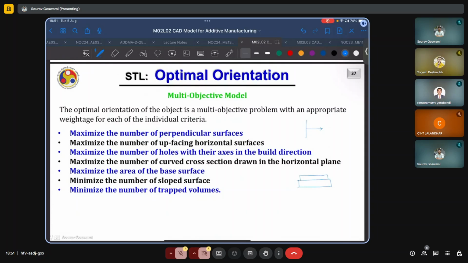So say suppose you have a very simple shape like a cube or a cuboid which also has a cylindrical cavity inside. If your build direction is along positive z, and you also orient it along positive z, then we notice that there is no need for any support structures inside this hole. It is self-supporting.